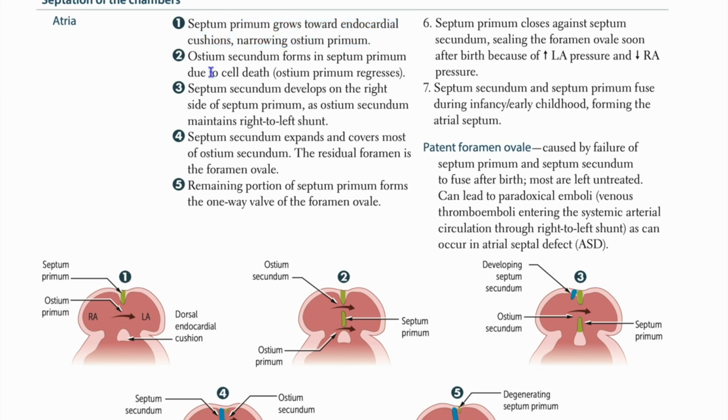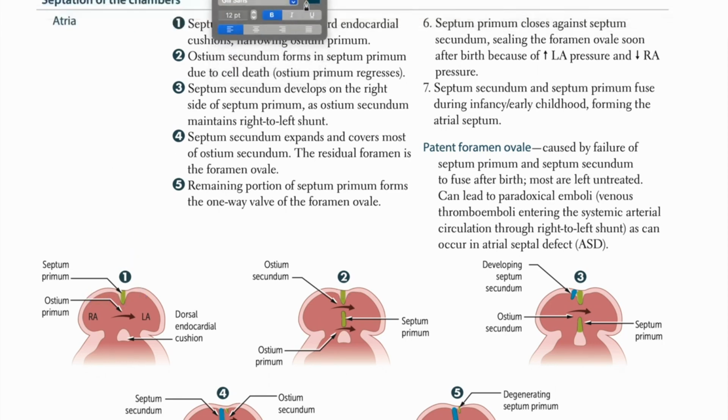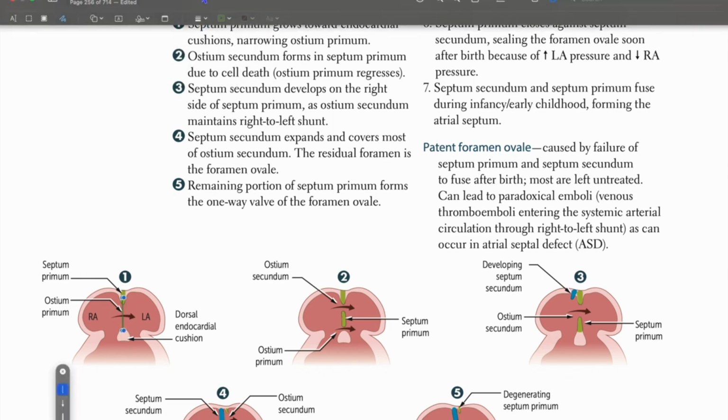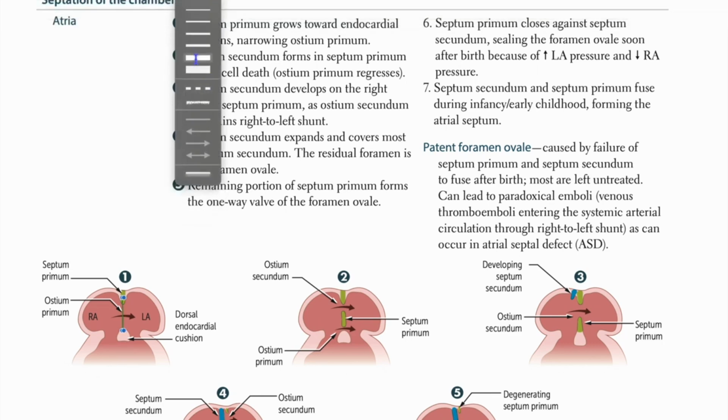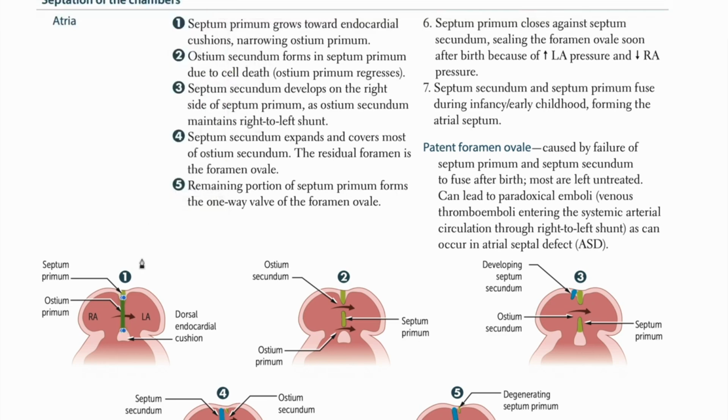Second, ostium secundum forms in the septum primum due to cell death. Ostium primum regresses. Let's make that green. After this grows over here and gets a little thicker, what happens?